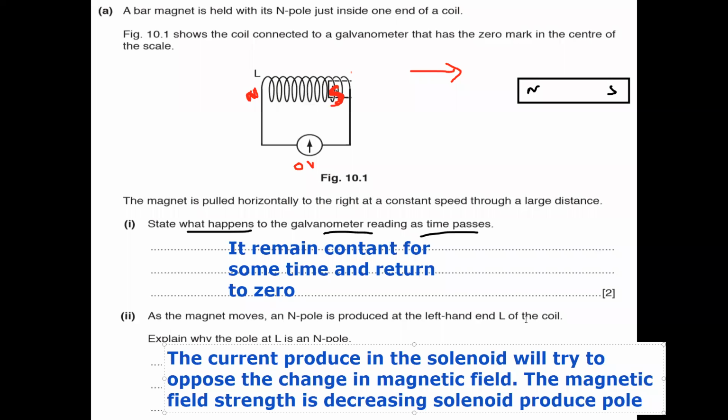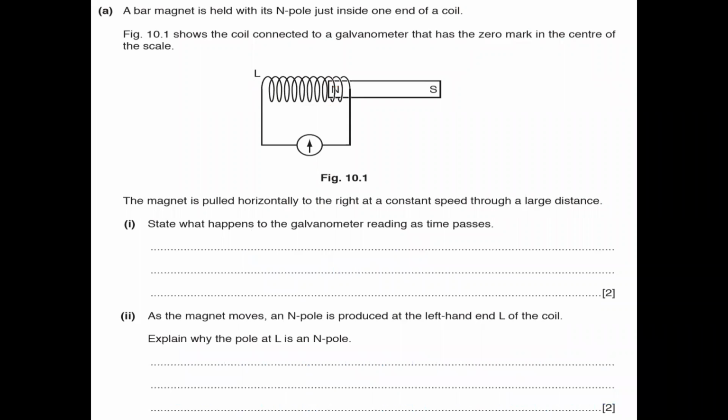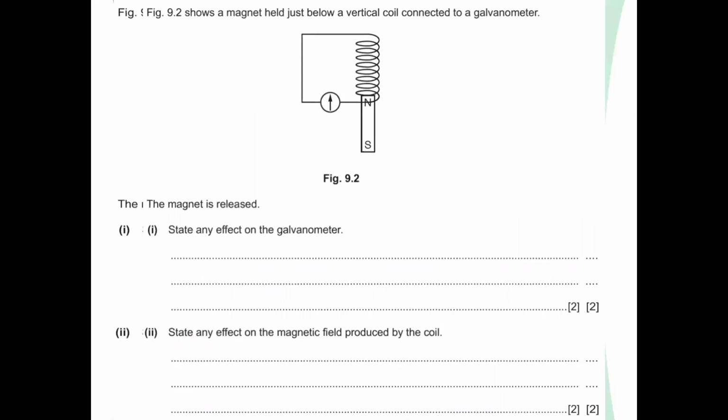I don't have a space to write, but that idea is the same: whenever there is a change in magnetic field, there is always an induced EMF. An induced EMF always tries to oppose the change in magnetic field. If the magnetic field is decreasing, it will try to increase; if it is increasing, it will try to decrease.